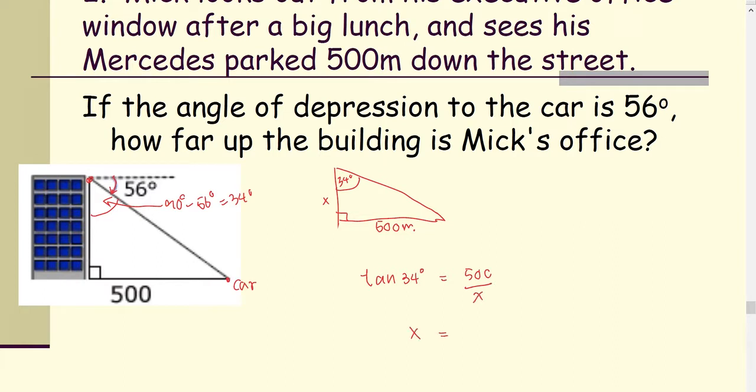Therefore, we can solve for x by cross multiplying to get x equals 500 divided by the tangent of 34 degrees. Putting it in the calculator, we get approximately 741.28, or if we round it to the nearest meter, 741 meters.